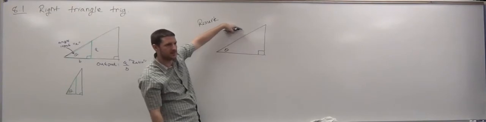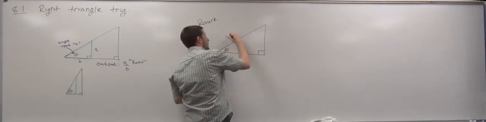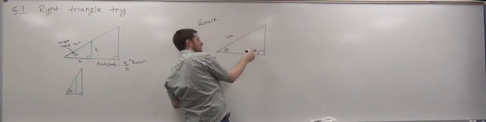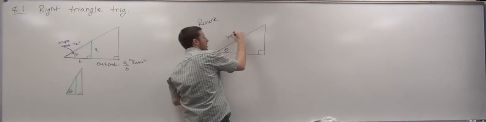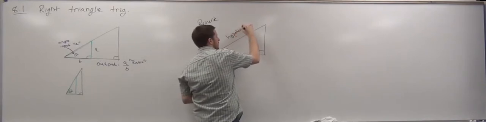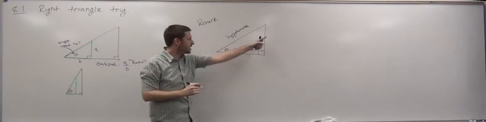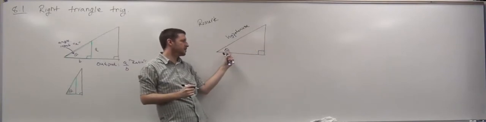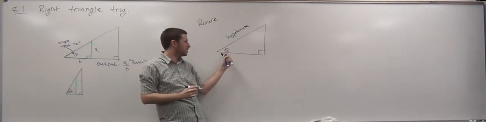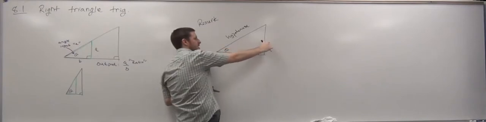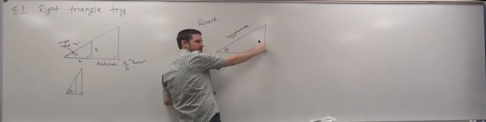This side length always has the same name. What's this side length called? Hypotenuse. No matter what, the side length that's across from the right angle will be the hypotenuse. Now these two sides can be labeled depending on this angle. So for example, this side length is opposite of this angle, right? It doesn't touch it.